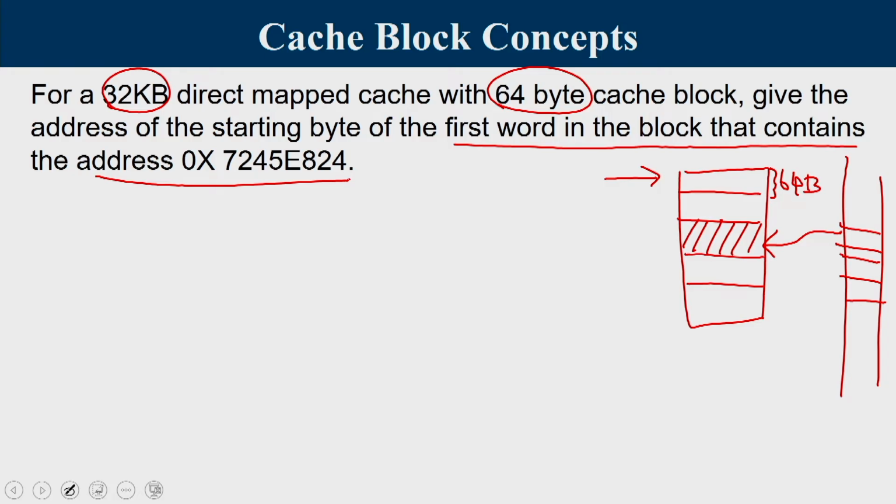Let us say this address is located midway inside a cache block. What will be the address of the starting byte of the first word in the block that contains this particular address?